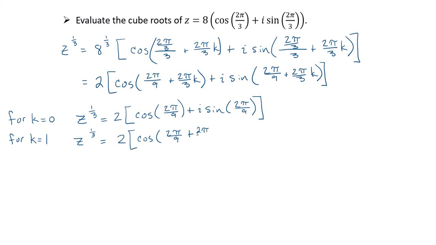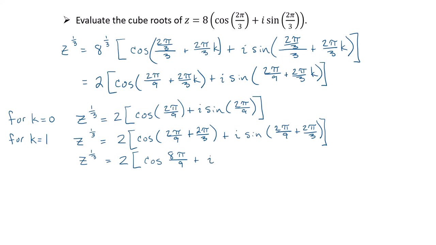So I'm adding 2 pi over 3 to my angle, and same here, plus i sine of 2 pi over 9 plus 2 pi over 3. Then we'll simplify. z to the 1/3 equals 2 times the cosine of 8 pi over 9 plus i sine of 8 pi over 9.